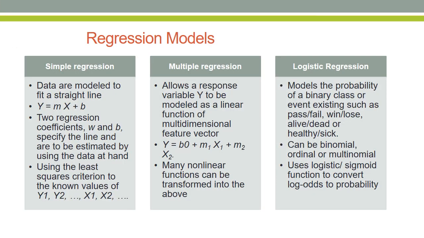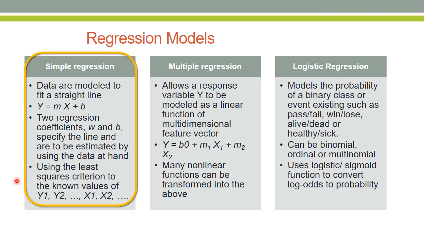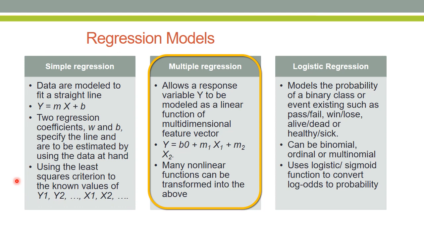So, regression models describe the relationship between variables by fitting a line to the observed data. Linear regression models, such as simple and multiple linear regression, use a straight line. That's what we can see here with the equations. For simple regression, we have one input variable with one coefficient: y = mx + b.